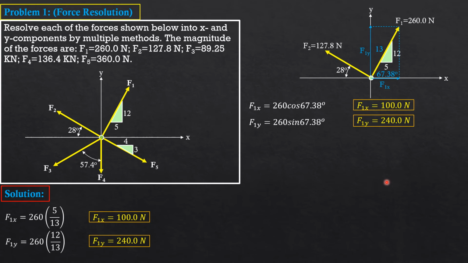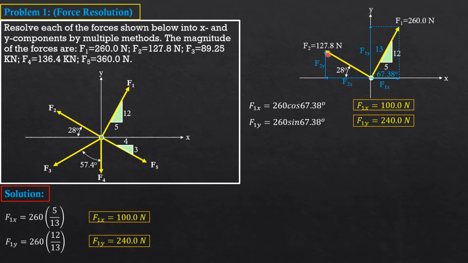And let's proceed to F2. So the force F2 is directed up to the left, so the x component is expected to be negative as shown, and the y component, because it is upward, is positive. So the x component is adjacent to this 28-degree angle. Therefore, F2x, expected negative, is negative 127.8 times cosine of 28, since it is adjacent. The negative sign is anticipated because F2x is in the negative direction.